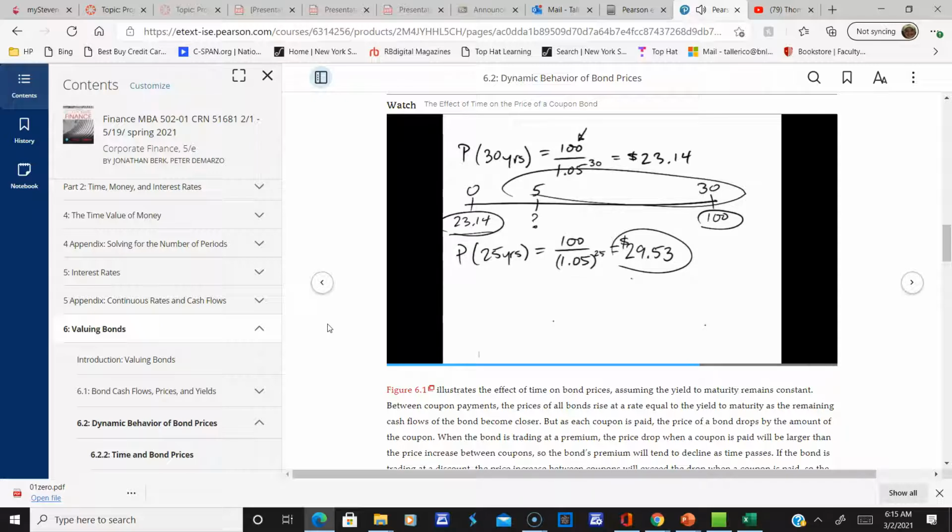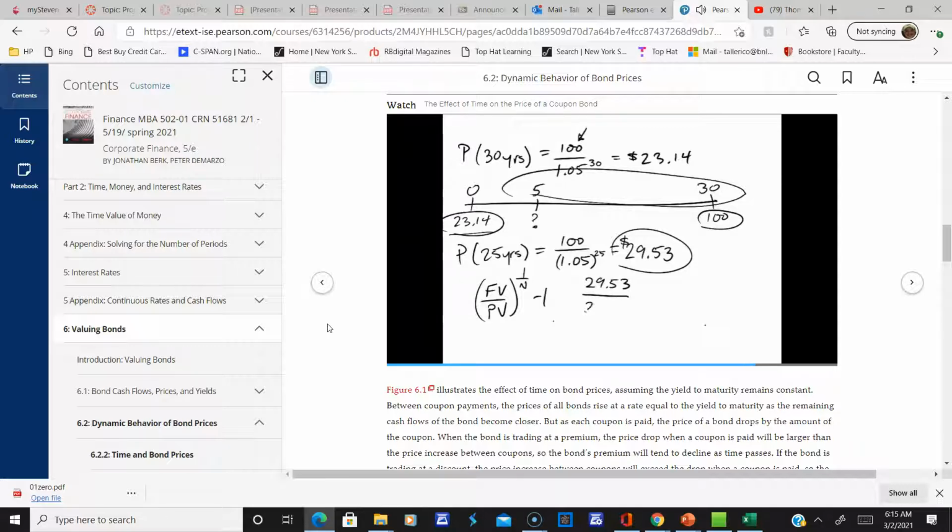Well, if you remember from Chapter 4, we learned how to compute the return on an investment as future value over present value to the 1 over n, minus 1. Right. And so the future value is what we actually sold it for, $29.53 in 5 years.